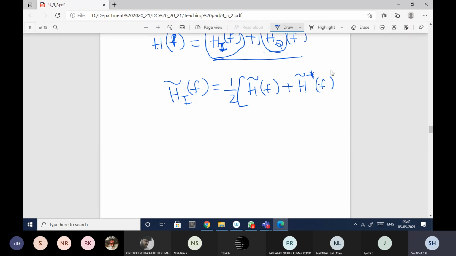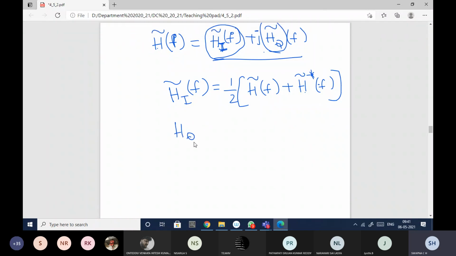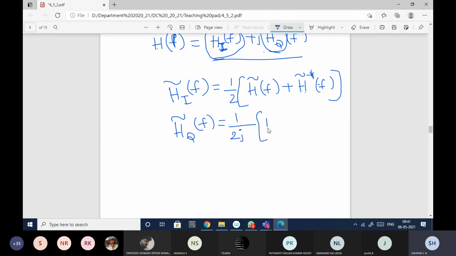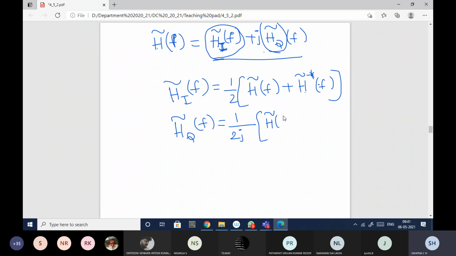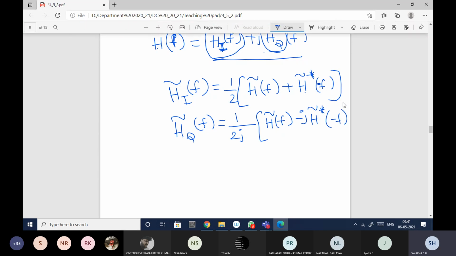How I've got this, I will prove to you. H_Q tilde of f is equal to 1 by 2j times H tilde of f minus H tilde star of minus f.